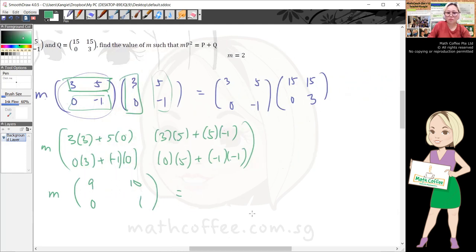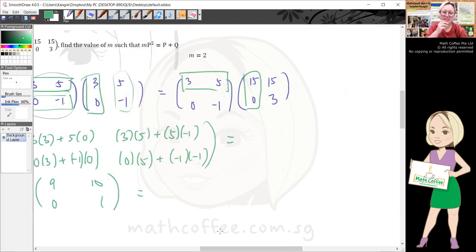Now we have to do this side. Okay, same thing, this one and this one. Matrix is a bit tedious lah. The only thing you need to remember: a lot of students, what they do is, oh okay, now I remember first row and first column. Then when exam comes, they forget, is it row and row or what? You understand? So there are certain formulas or certain steps that you might forget.